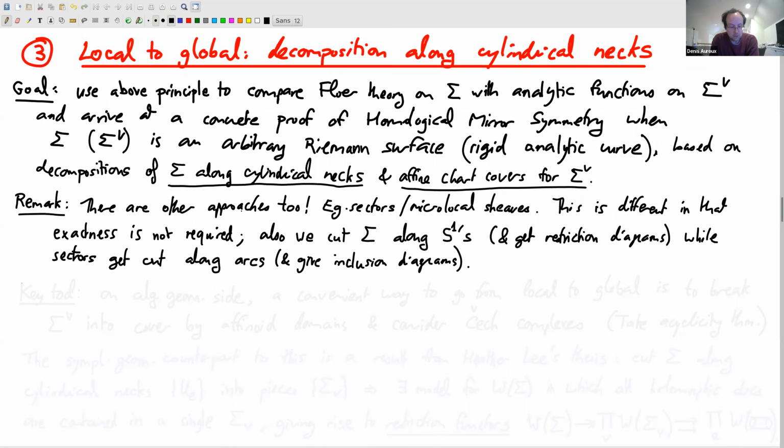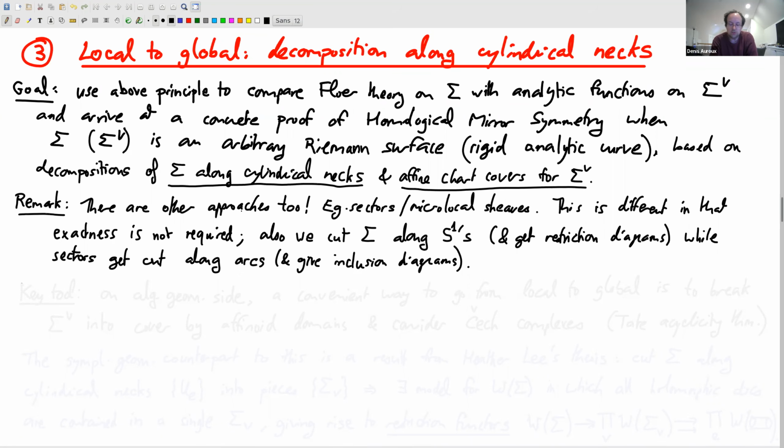So the reason I think this is, okay, sorry, maybe I should tell you the next remark. So another way to decompose things on Riemann surfaces, on open ones at least, is to use the technology of sectors or microlocal sheaves. What I'm doing here, standing on the shoulders of other people, including my former student Heather Lee, is different because we don't need exactness. This actually works on closed surfaces without having to worry.